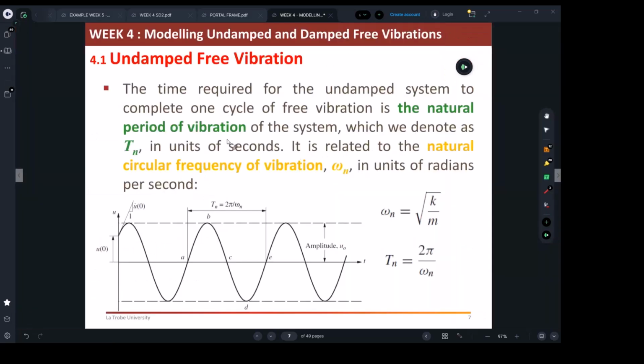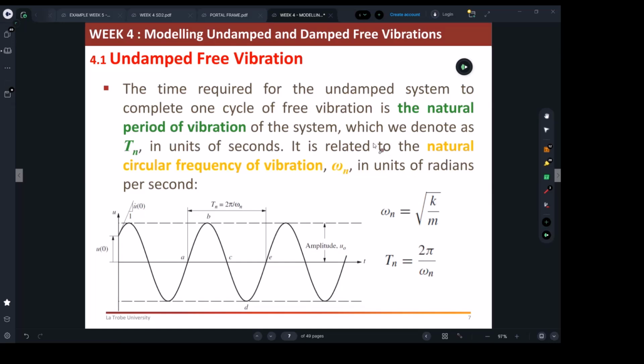This slide is confirming what we talked about before. Know carefully what the natural period of vibration is, which is Tn, and that omega is the natural circular frequency of vibration. Someone can ask why we need to bother about knowing them. This parameter is one of the critical ones.